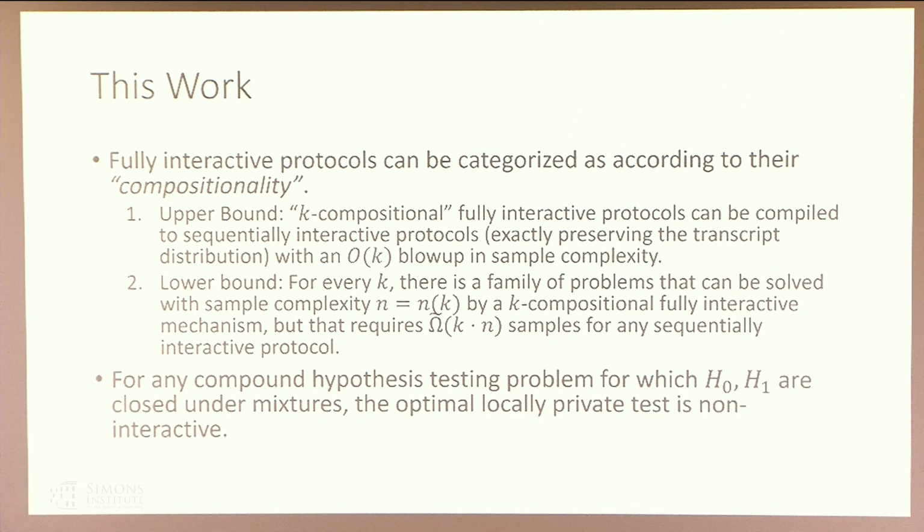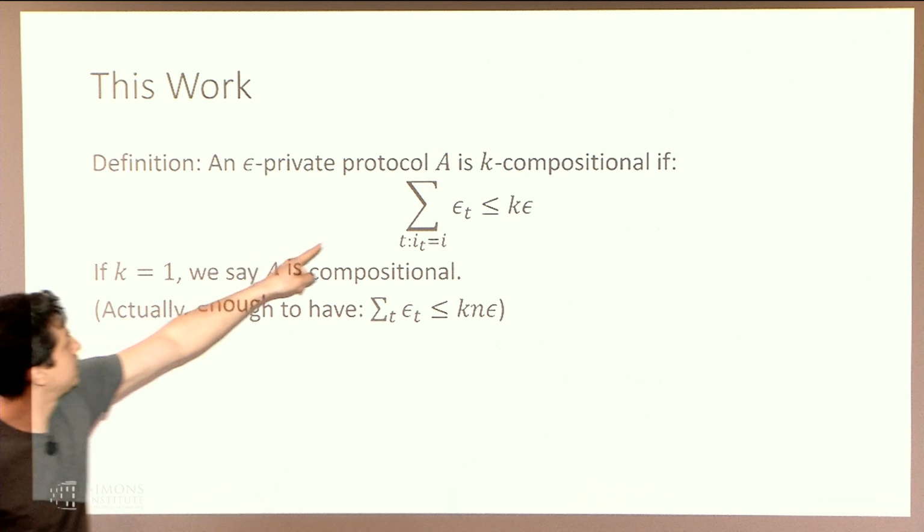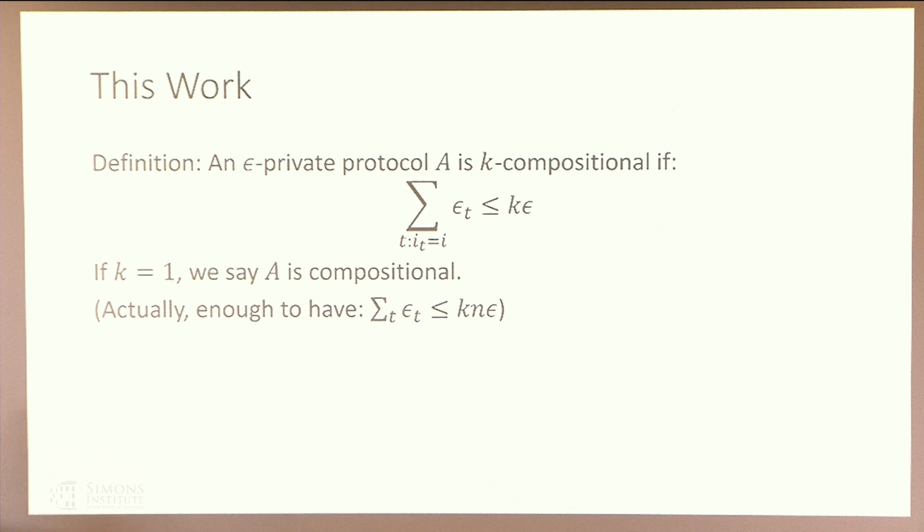So let me tell you what this compositionality means, because that's the crucial parameter that underlies our work here. Let's say that an epsilon private protocol is k compositional if, when I look at, for any single user, the epsilon parameters of the local randomizers that I ask them to run, they add up to at most k times the overall privacy guarantee of the mechanism.